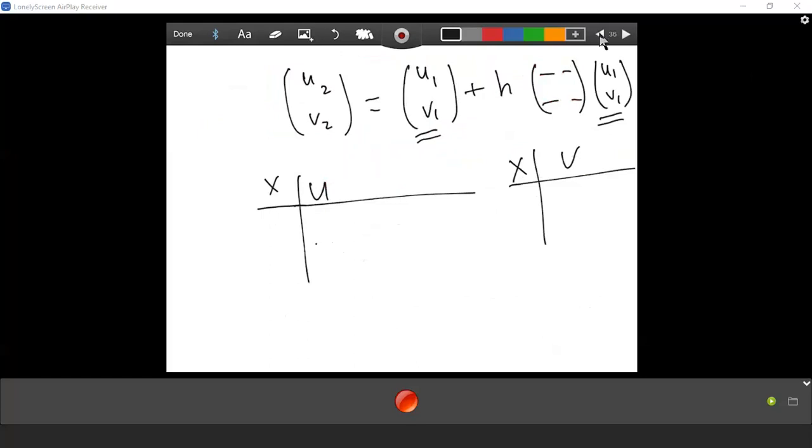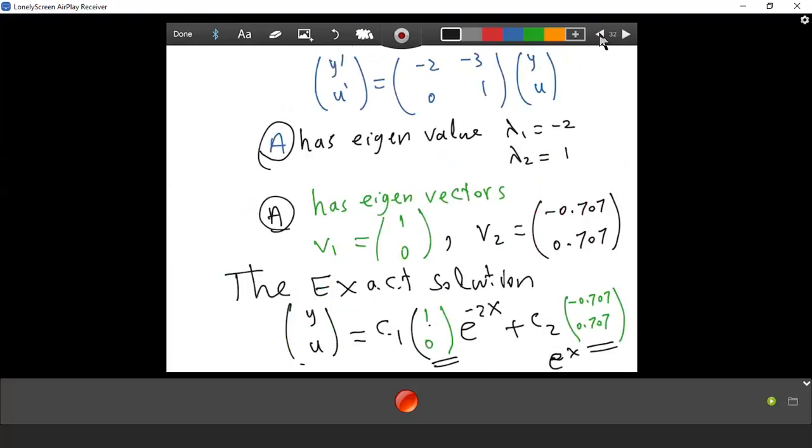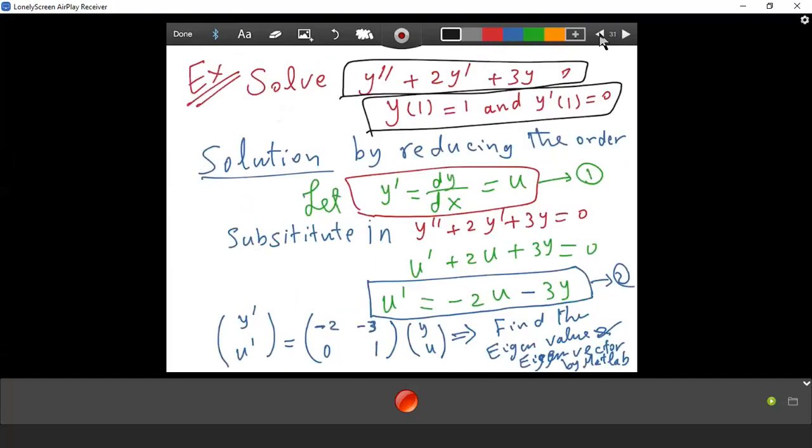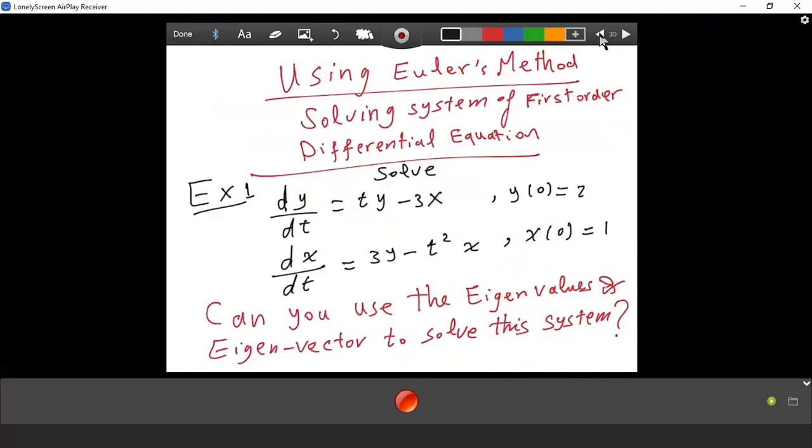I have a question for you. You know how to reduce the order of a differential equation, so you can change a second order differential equation into two first order differential equations. Now I'm asking you to solve this one. This question I'm writing for you.